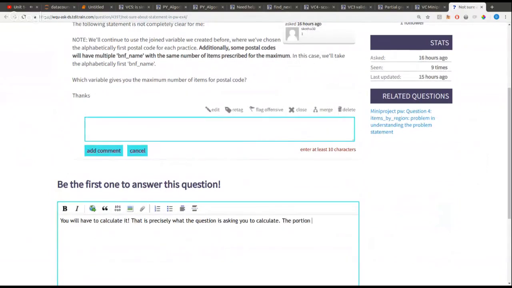The portion that you have put in boldface is warning that it is possible that two different items will have the same count in a postal code, and they will both be the maximum count.